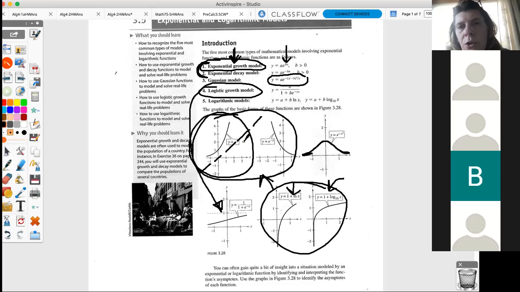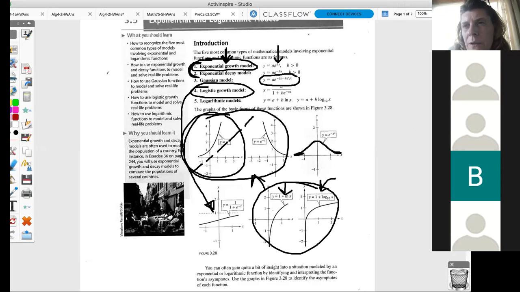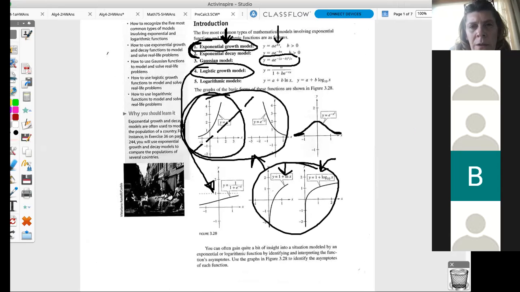And if you wanted to get crazy, you could even do the equation on one side and the graph on the other side. But you need to be able to go from all three of those: the name, the equation, and the graph. So you need to be able to get to all of those. Does that make sense? Are we good with these?